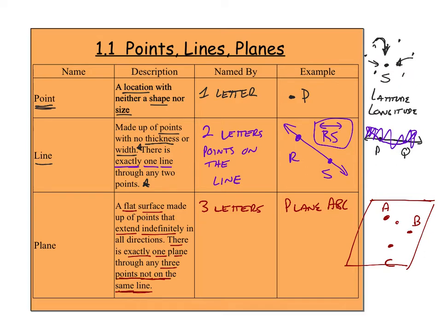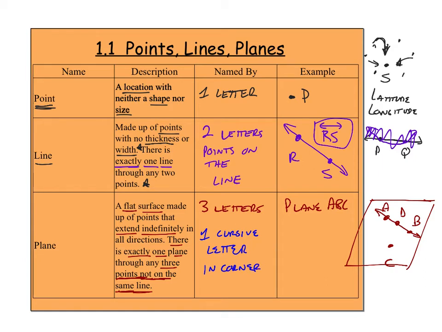If I put a point here that is on the same line as A and B, I can't call that ADB, because I don't know if I'm talking about the line or the plane. It needs to be 3 points not on the same line. One note to make on this: sometimes it can be named by one cursive letter in the corner.